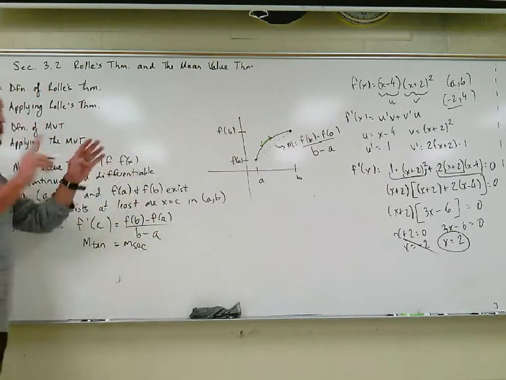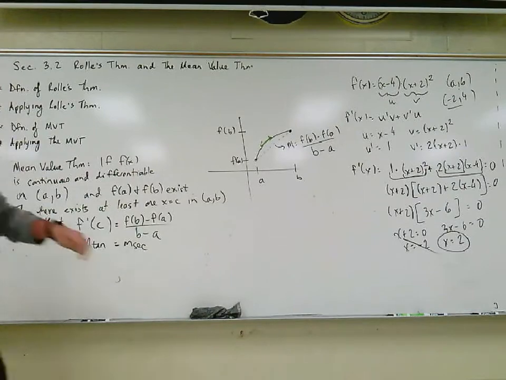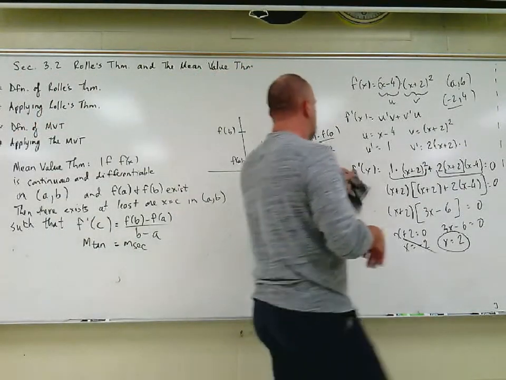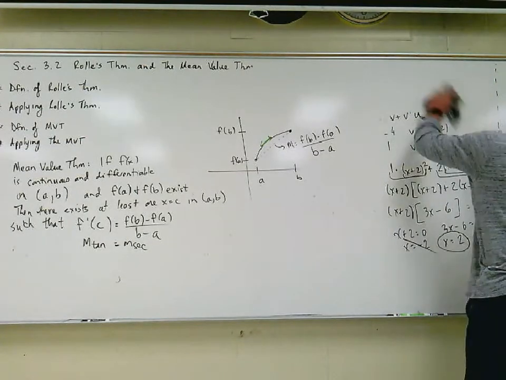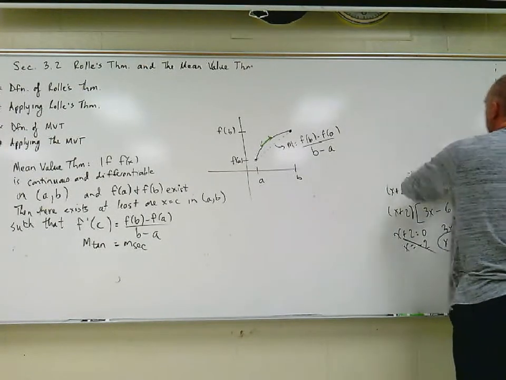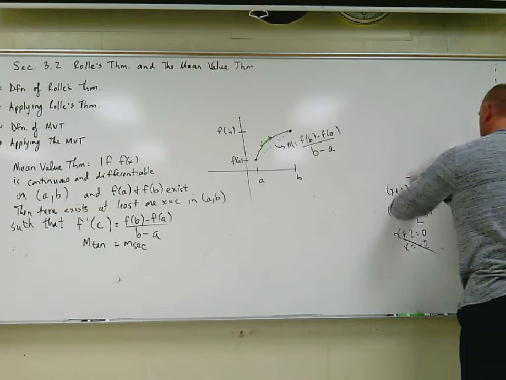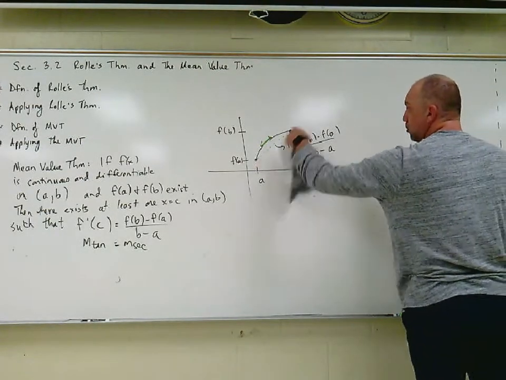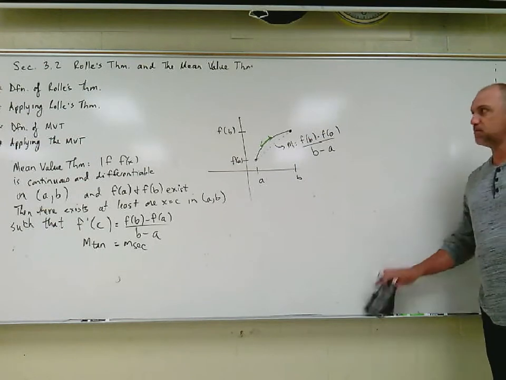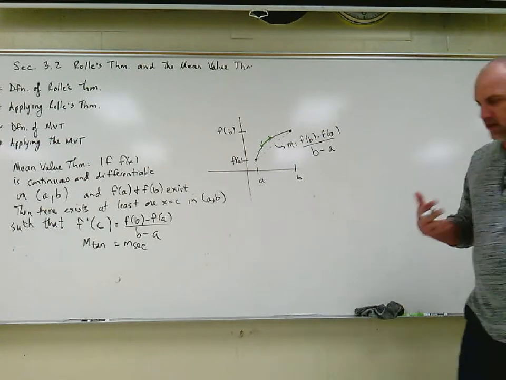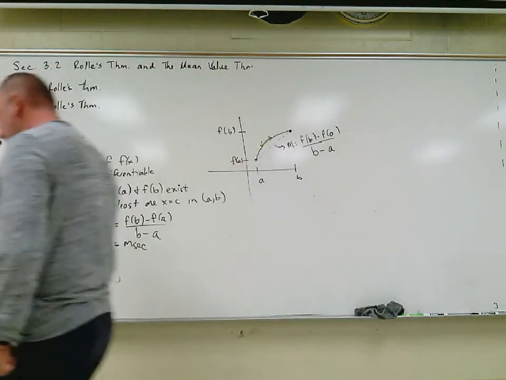There has to be at least one spot that happens. And that's the mean value theorem. It's very similar to what you're doing with Rolle's theorem. You just don't set it equal to 0, unless those two endpoints were at the same height, then your slope would be 0. So we'll do one.